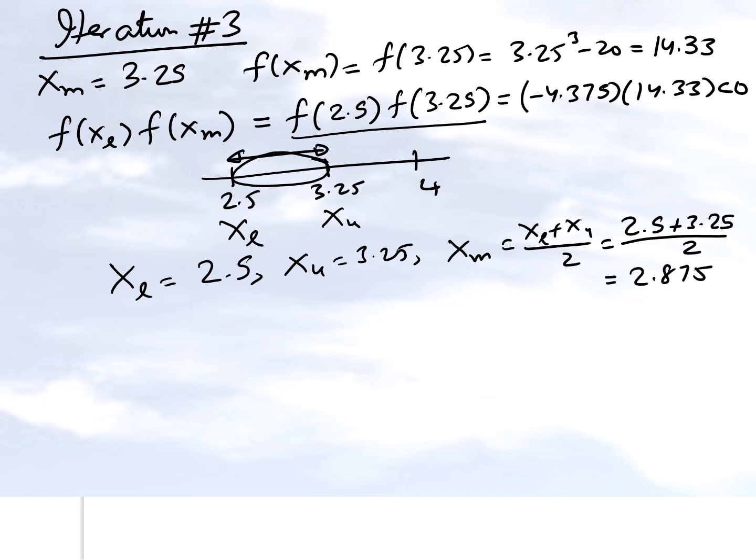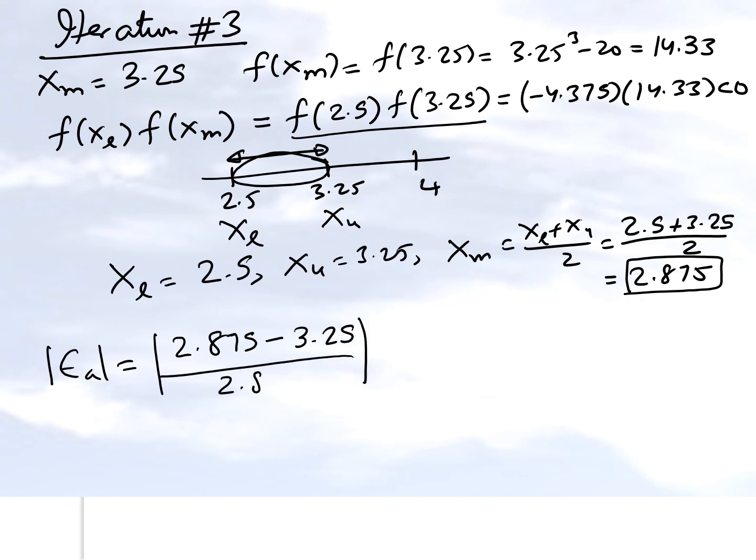So that is my value at the end of the third iteration. Let's calculate our absolute relative approximate error, which is the current approximation minus the previous approximation divided by the current approximation. If I multiply by 100 to get the value in percent, I get 13%.